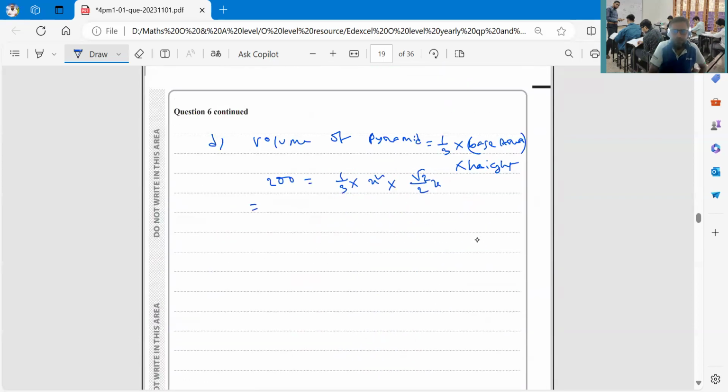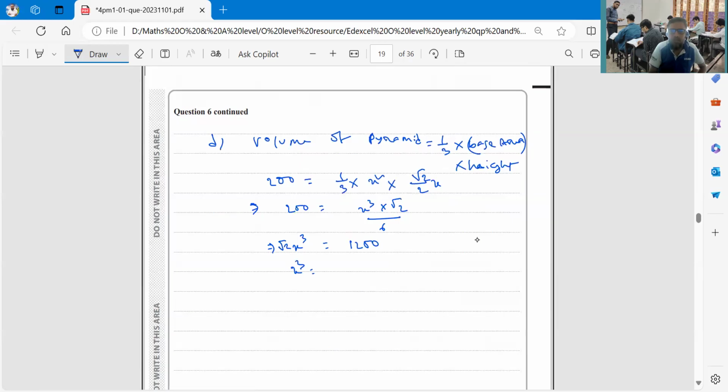Now on the left side 200, right side x square into x, that will be x cube. In the denominator, multiply root 2. In the numerator, 3 times 2 is 6. Okay. So if you make x cube the subject, it will be root 2 x cube equals 6 into 200, that means 1200.